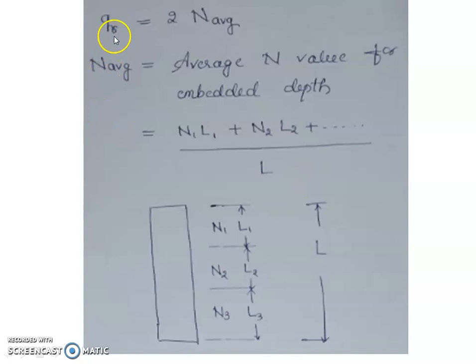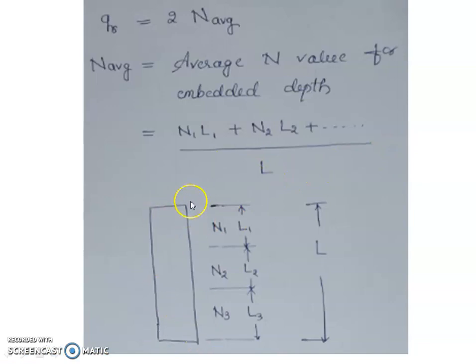And qs can be found out using the formula 2 into N average, where N average is the average N value for the embedded length or the depth, and this can be found out using the equation N1 L1 plus N2 L2 and so on divided by the total embedded length.